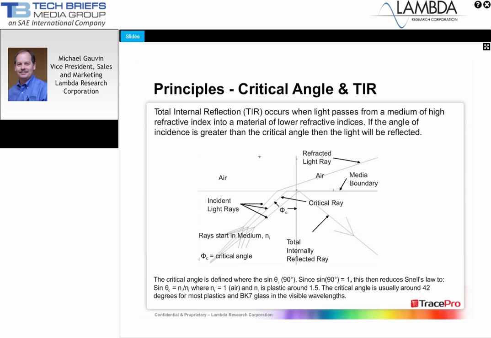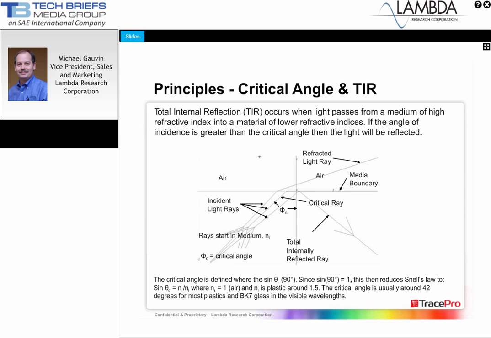So we can use air as a reflector and reflect 100% of the light when it's greater than the critical angle. I'm showing you an example here. I've got light coming in from the bottom left-hand corner, and it disperses outward, and it hits this media. Now, if the angle is greater than the critical angle, the light's going to be reflected in TIR.